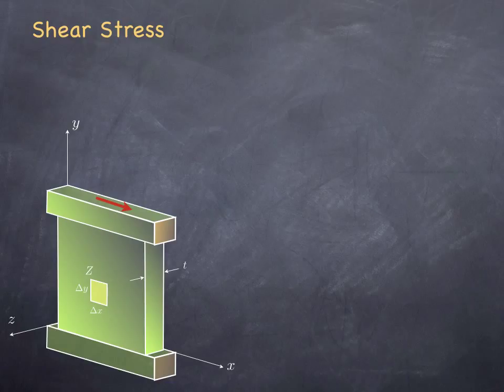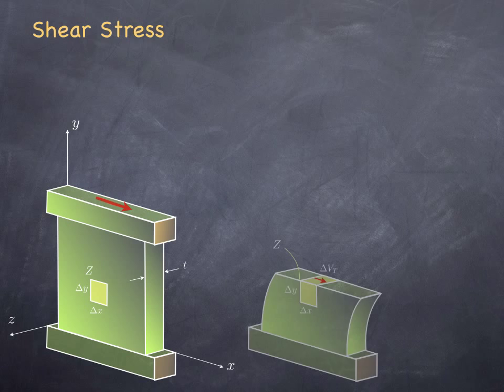Let us assume that some of that shear horizontal force that I've applied at the top of the wall is being transmitted through this little patch, and that its magnitude is delta VT. So some transverse shear force, and because it's a small segment I'm looking at, it's fair to call it some delta force, a small amount of force, delta VT.